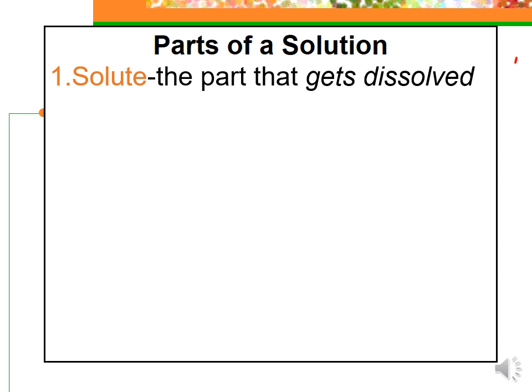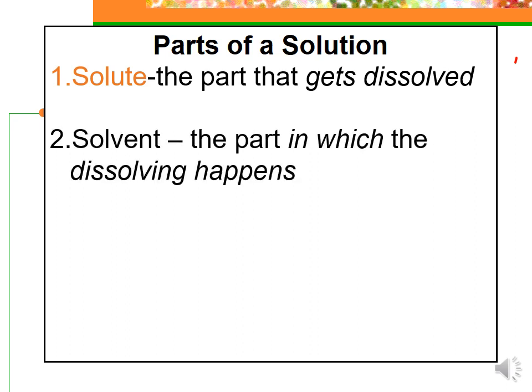So when we're talking about a solution, we have two key parts. We have the solute, that's the part that gets dissolved, like the sugar, and the solvent, which is the part in which the dissolving happens. And if you remember from our water properties lecture, the water is the universal solvent.